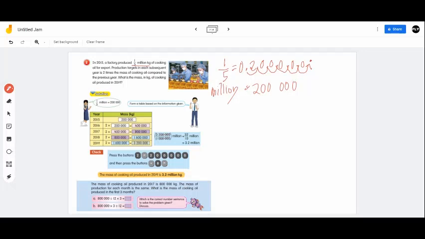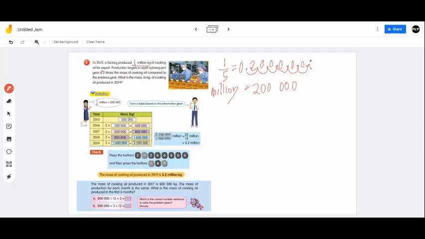Next, form a table. Like in the textbook, form a table. So 2015 equals to 200,000 kg. Look at the question again. Production targets in each subsequent year.